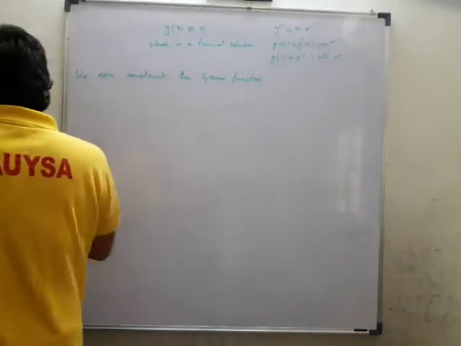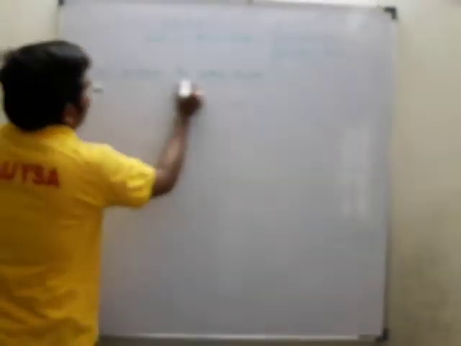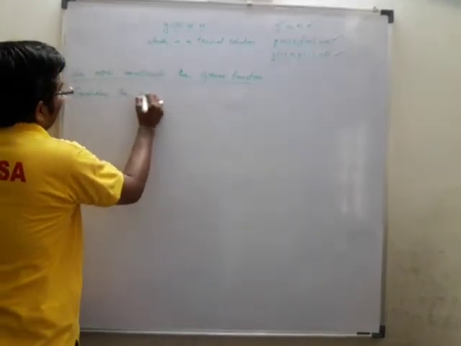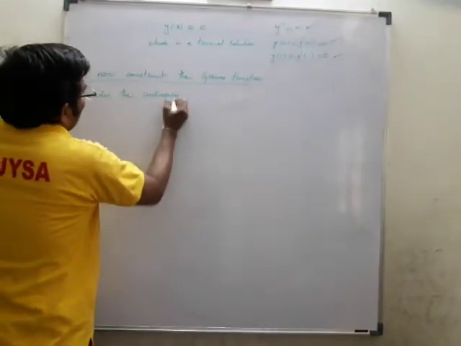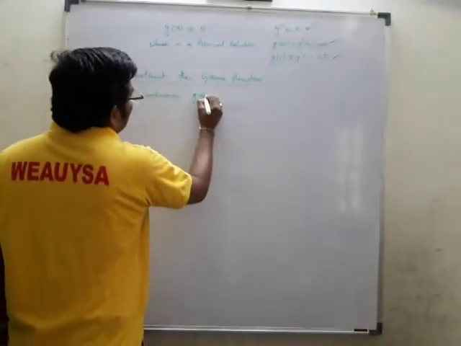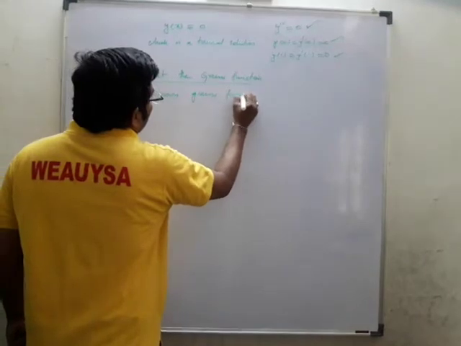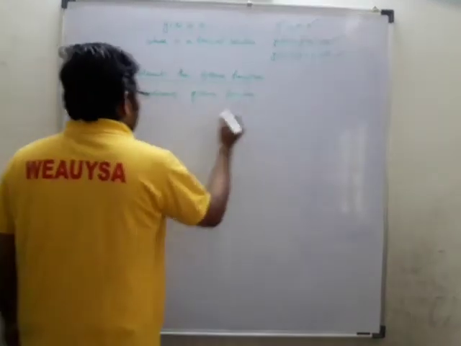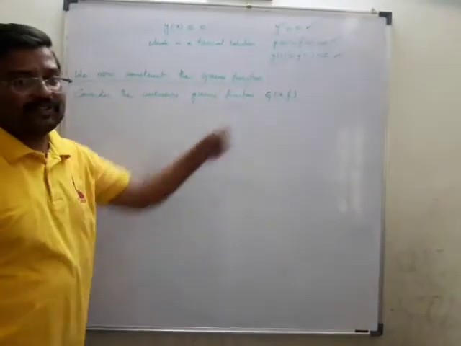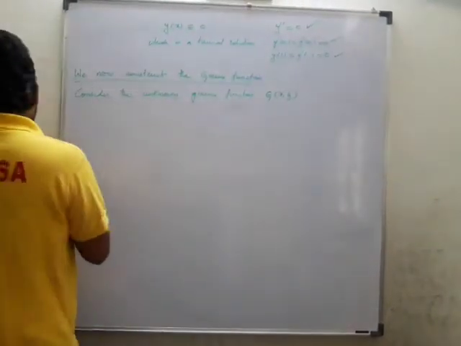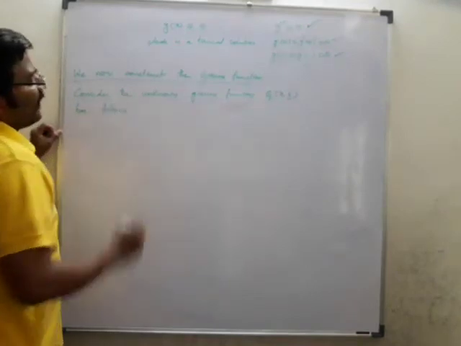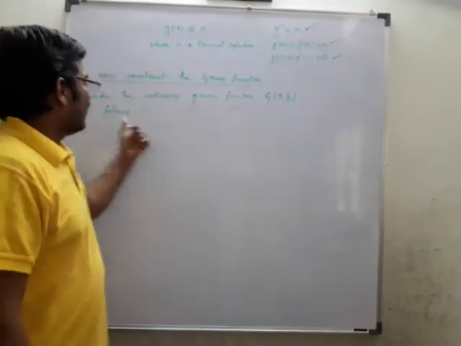Consider the unknown Green's function g of x comma z as follows. Whichever we wanted to find, that we are taking as g of x comma z.